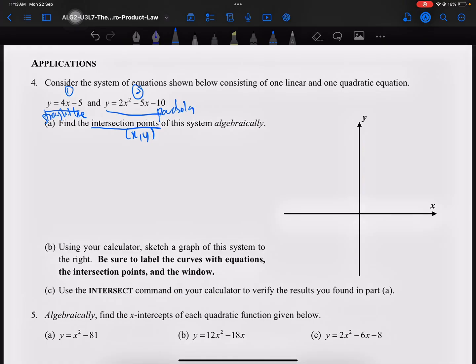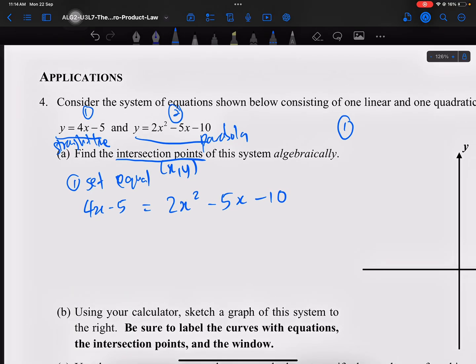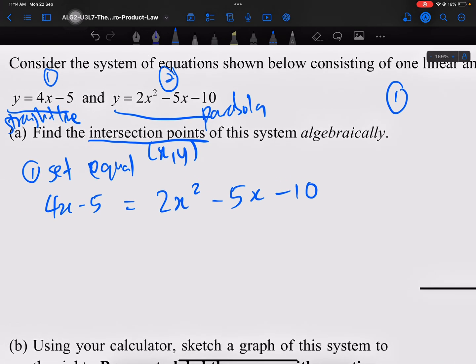So first of all, we will set them equal. Meaning x minus 5 equals x squared minus 5x minus 10. Then from here, we rearrange.